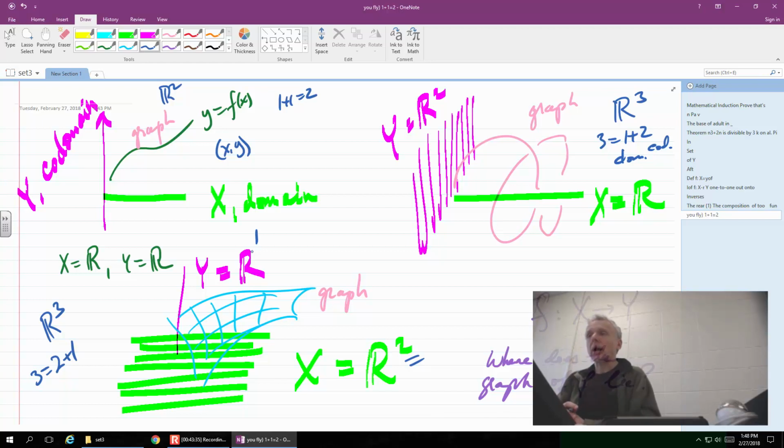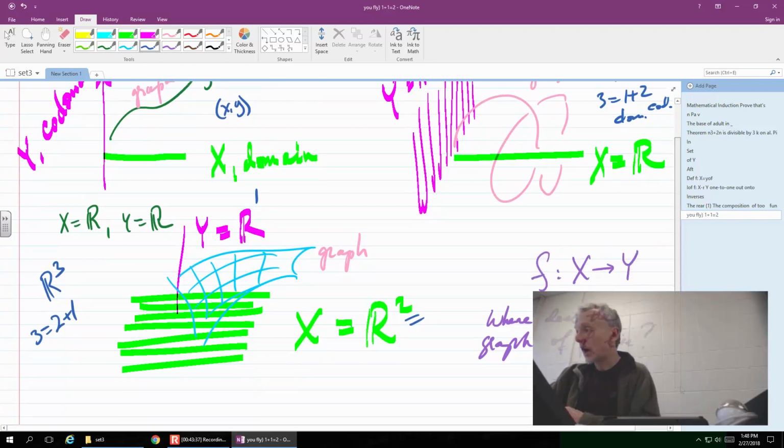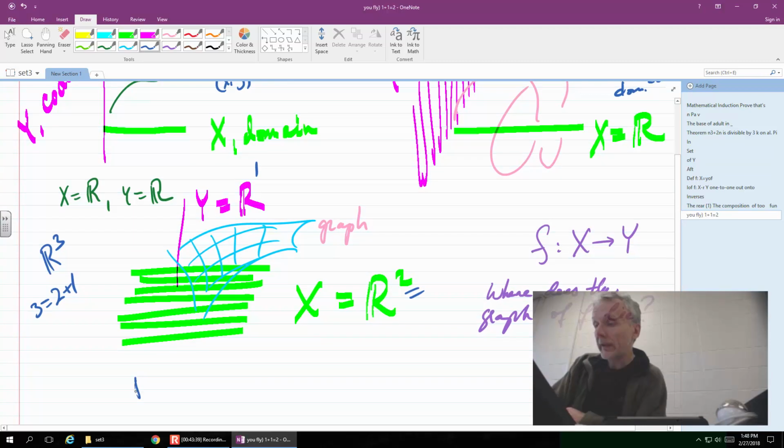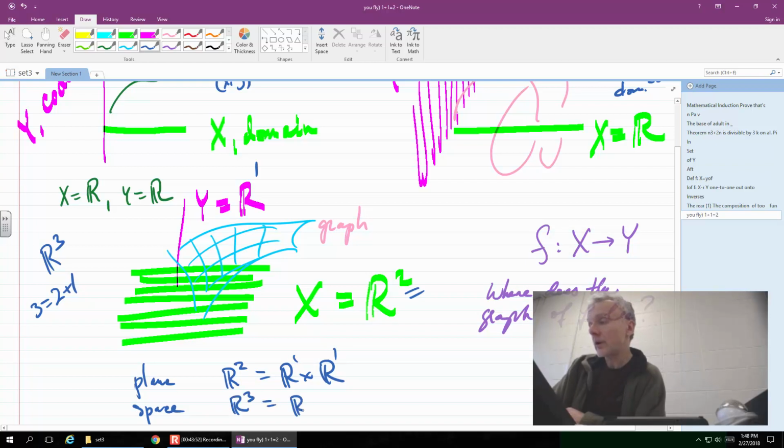So then we have to realize that it is about products. So plane R2 is equal to R cross R. Okay? To be explained, and space is R3, which is R2 cross R1, or R1 cross R2.